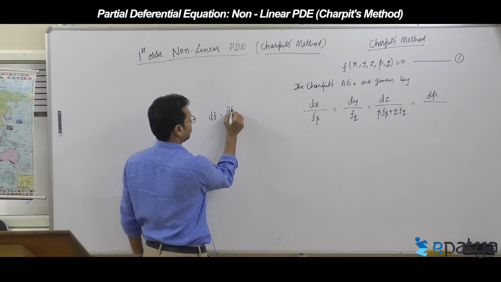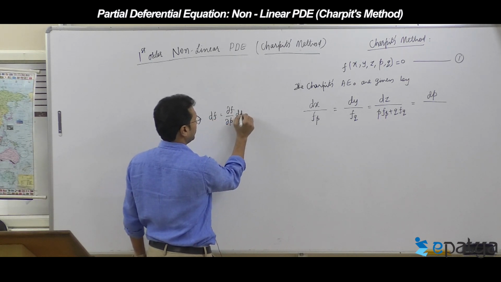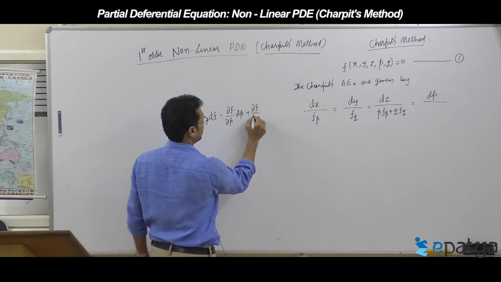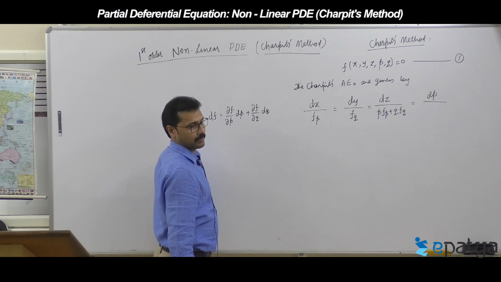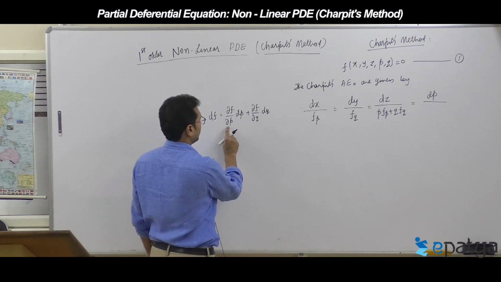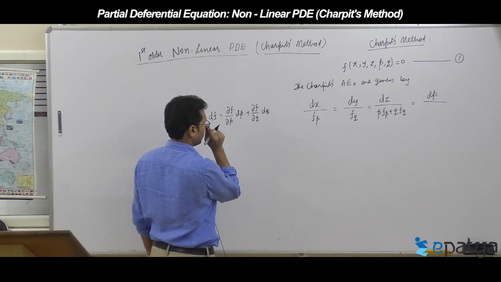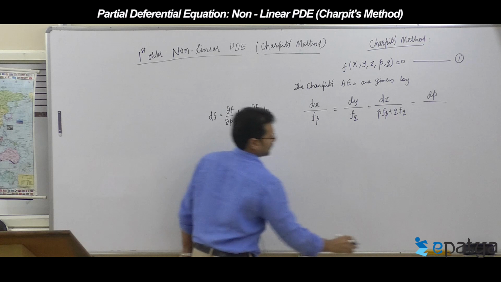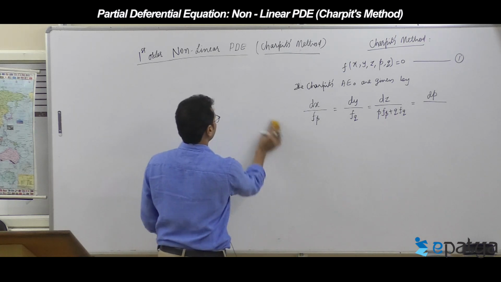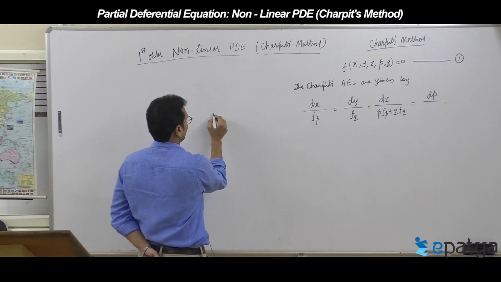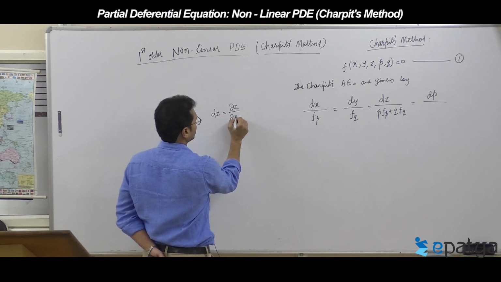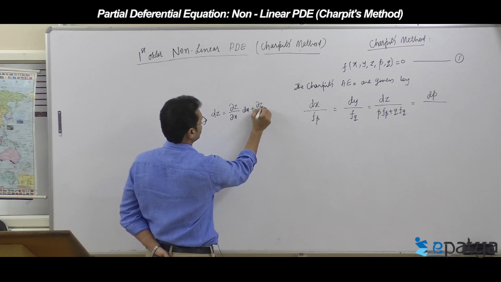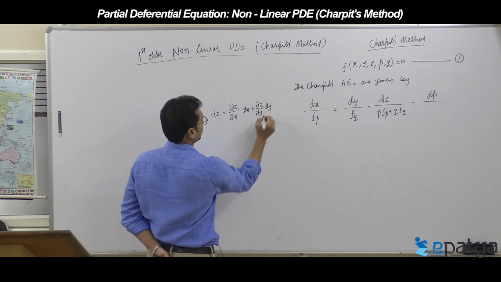df is dou f by dou p dp plus dou f by dou q dq. dz equal to dou z by dou x dx plus dou z by dou y dy.